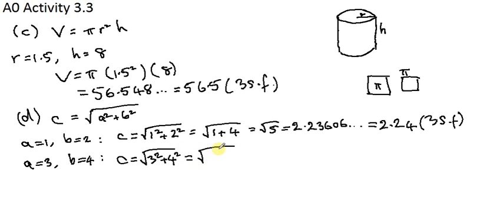So it's the square root of 3 times 3 is 9, 4 times 4 is 16, 9 plus 16 is 25. And the square root of 25 is a very nice number, it's exactly 5. We don't have to say 3 significant figures because it is exactly 5.